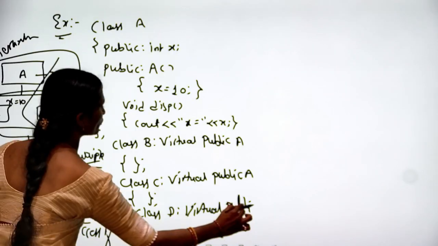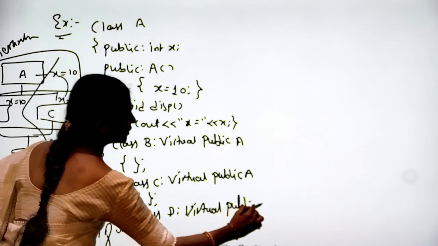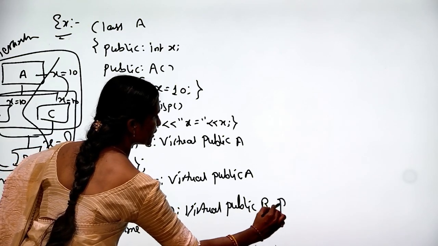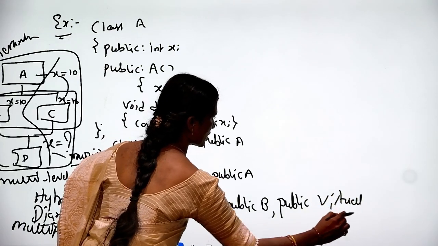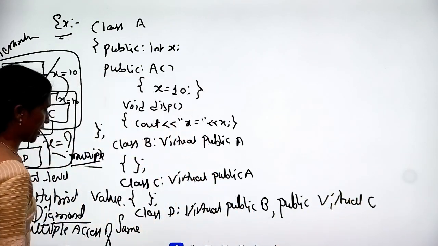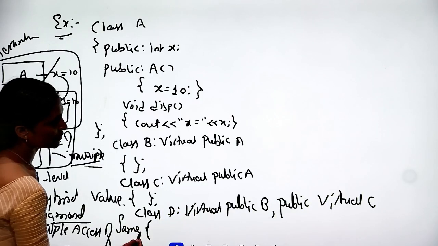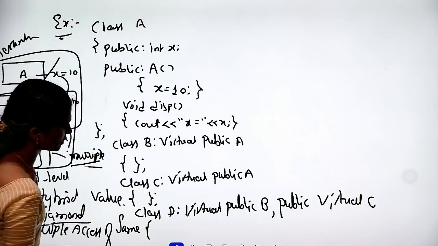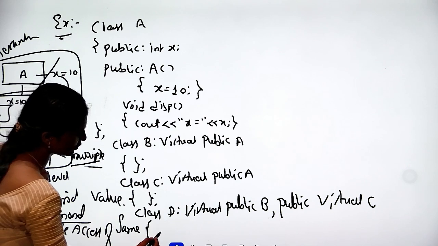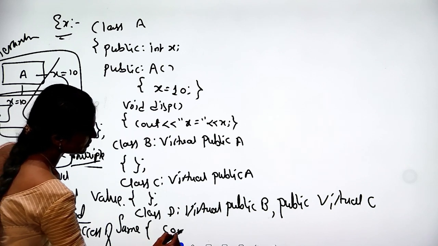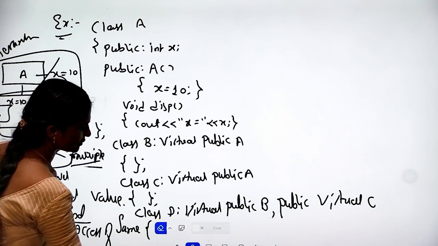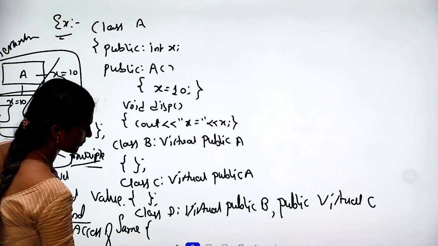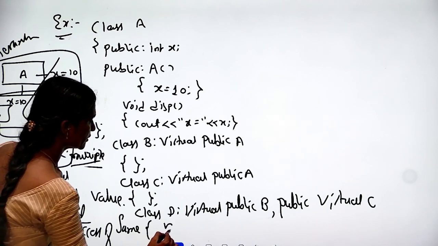Which classes are there now? The base classes for this are B, comma C. You can write either the visibility mode first and the keyword later, or the keyword first and the visibility mode later. There is no error in that. Then the data member, again you are calling for C out here, so the x value will be there. You can display here. I will take a method, void display.